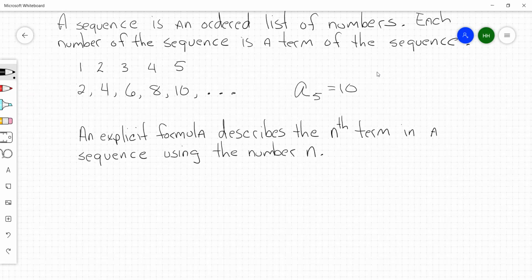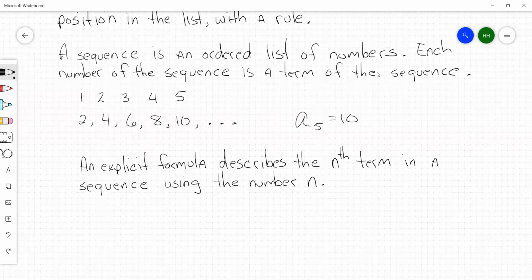So back to this example right here. If you were going to write a formula to express this sequence, you could say that a sub n is equal to 2n. Because look, in this a sub n equals 2n, if you replace the n with a 1, then your a sub 1 is equal to 2 times 1, which equals 2.